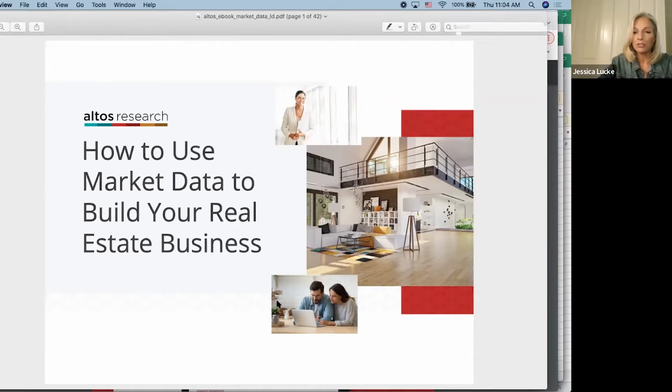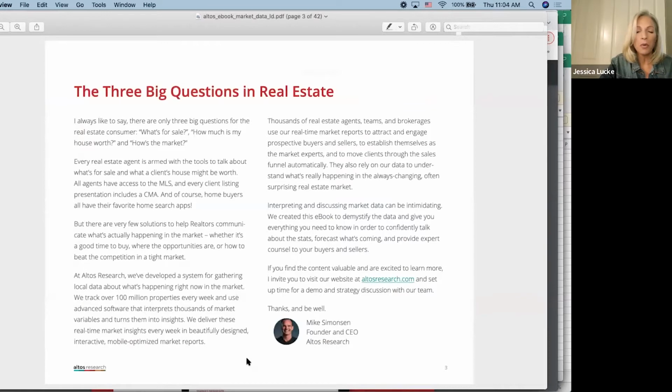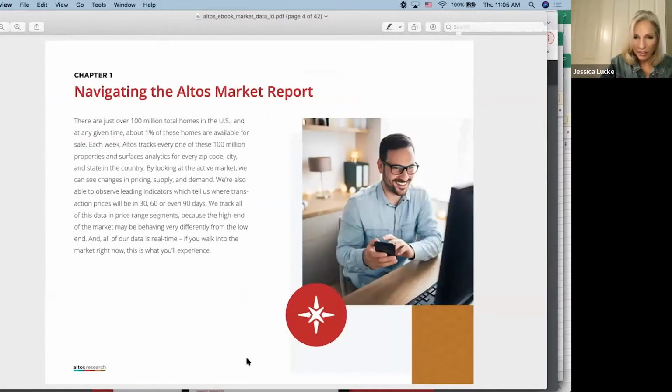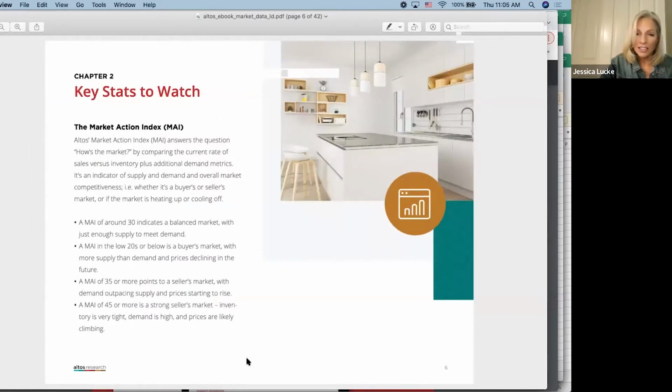And I promise you, I'm not biased, but it's not a snooze fest. It's 42 pages, and it goes through what we talk about today, but in even more detail. It covers what questions you need to be able to answer, how to navigate the markets, the report itself, and the key statistics to watch.